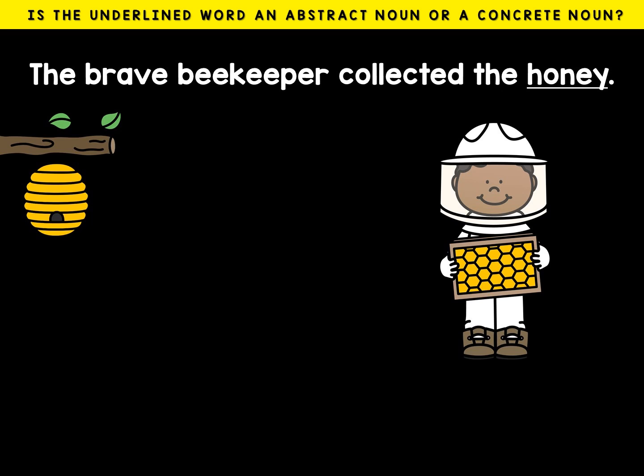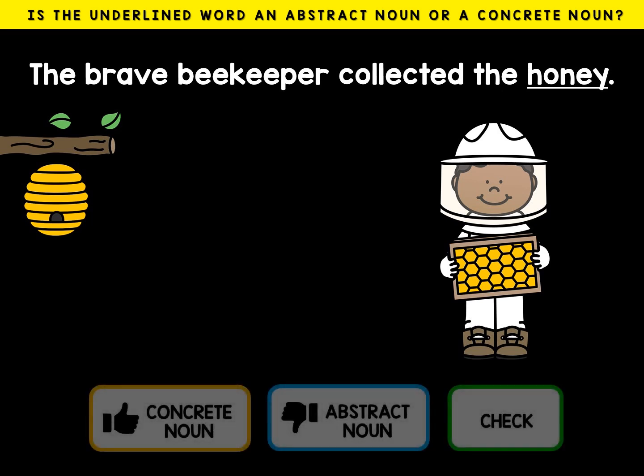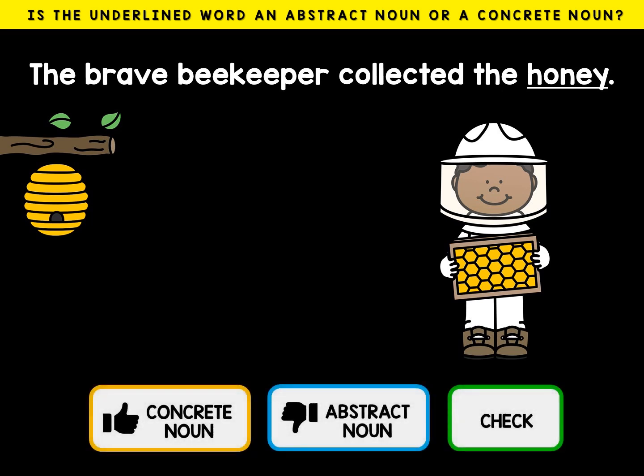Sentence 2. The brave beekeeper collected the honey. The word honey, is it concrete or is it abstract? Concrete. Yes, we can see honey, we can taste honey, we can touch honey, we can smell honey. We can use our 5 senses. So it has to be concrete.